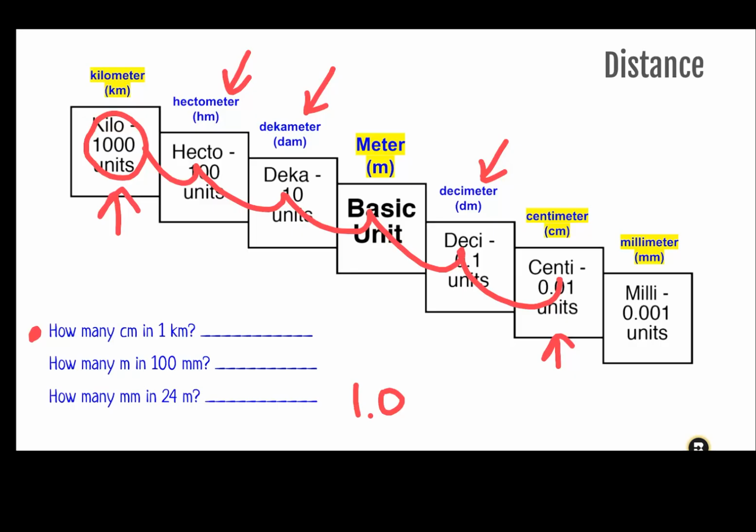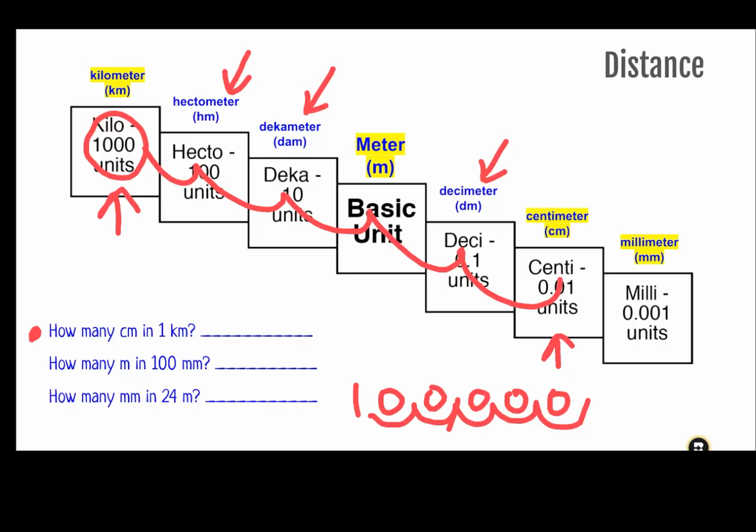That means I am going to move my decimal point 5 places to the right. So add in those zeros and a comma to make it look neat.